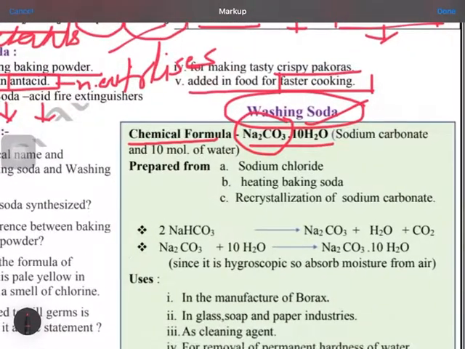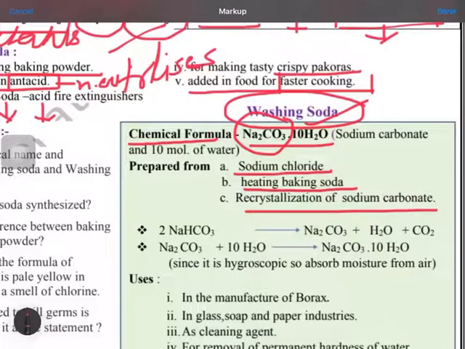It is again prepared from sodium chloride. The reactions for preparing sodium hydrogen carbonate and washing soda are generally the same. So first step, heating baking soda, then recrystallization of sodium carbonate. In your NCERT, if you see, both the reactions have been given.